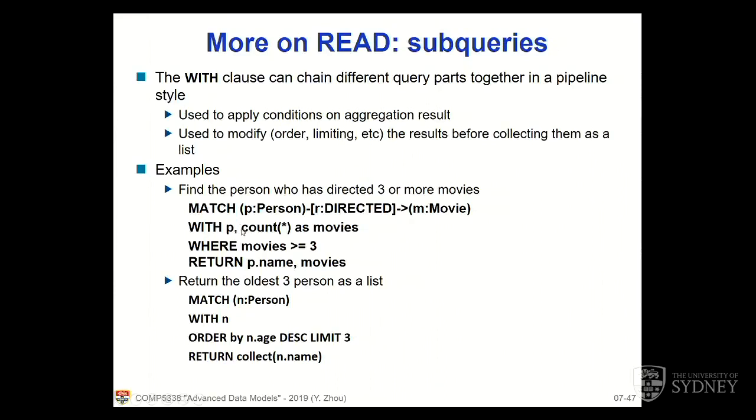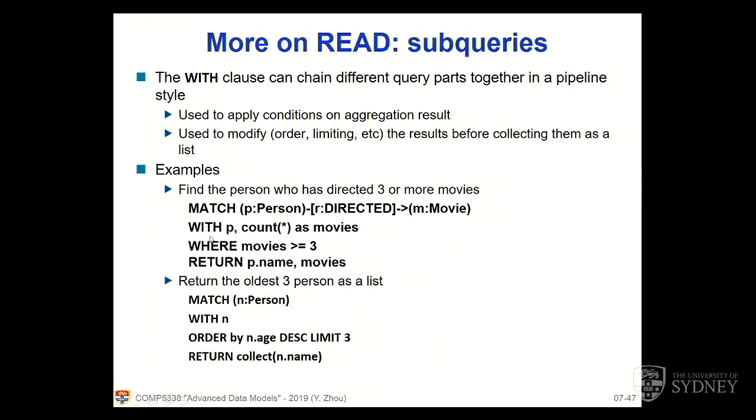The grouping key is the person, and we want to count the number of movies directed, and then return. After that, we need to apply another condition, so we only return the person with movies greater than or equal to 3. So we run a further condition here.